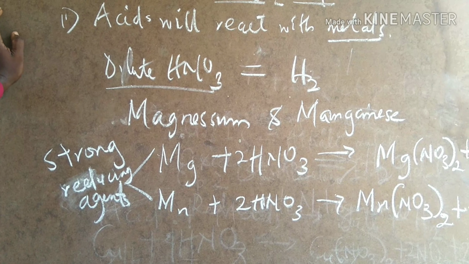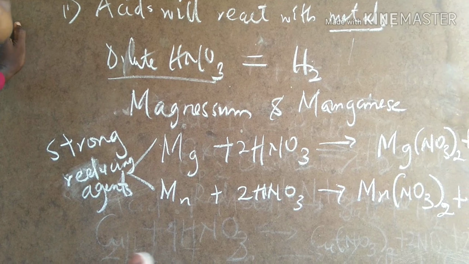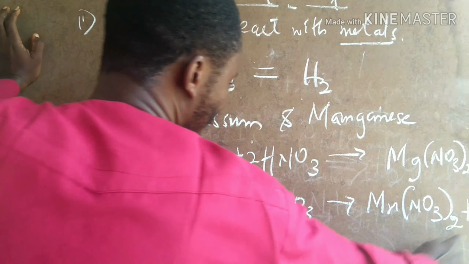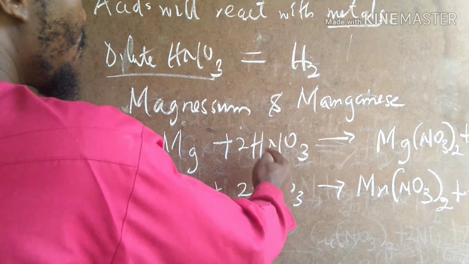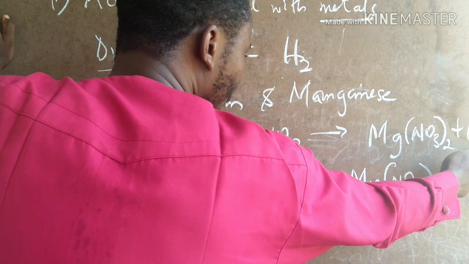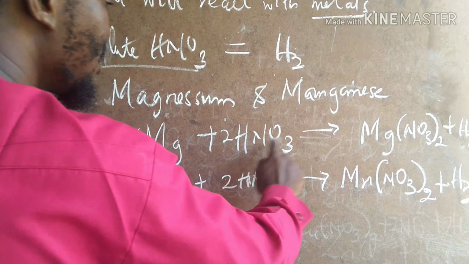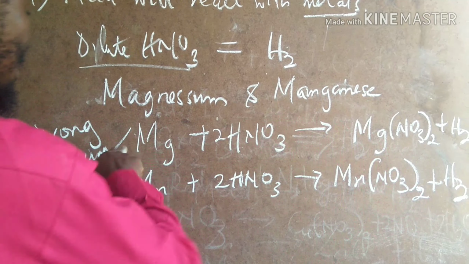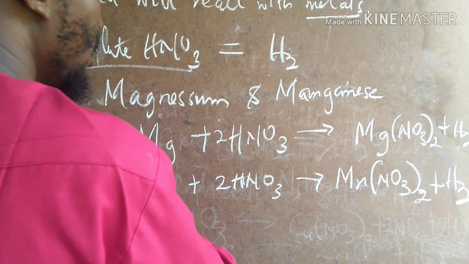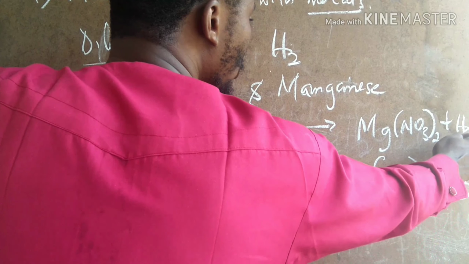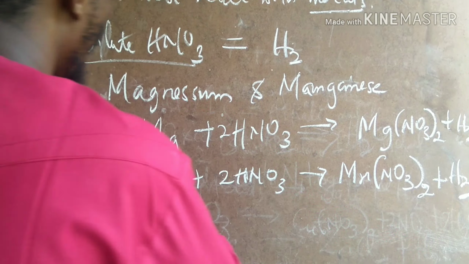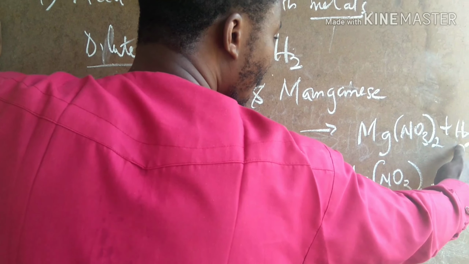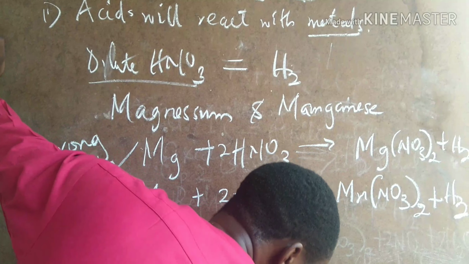So what happens is that they reduce that water. They reduce water to hydrogen gas. So instead of nitric acid oxidizing the hydrogen gas to water, you get it now. The magnesium and manganese will reduce the water to hydrogen gas. Hence, magnesium and manganese will definitely liberate hydrogen gas. I think we are good on that.